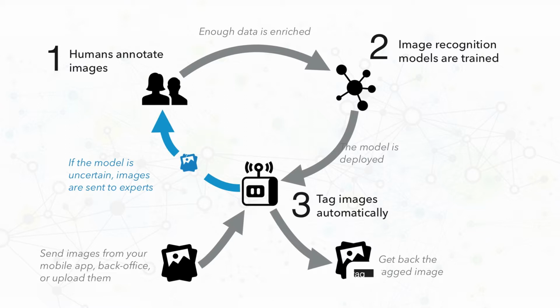So basically, the first step is people annotating images, because deep learning is showing a lot of examples of each thing that you want to recognize, and then you learn on it. Once enough data is enriched, you can train your image recognition model and deploy it in production.